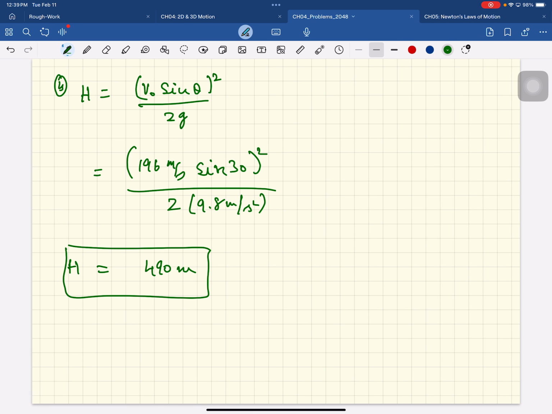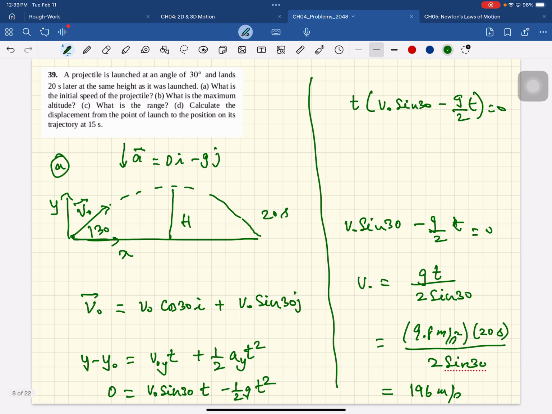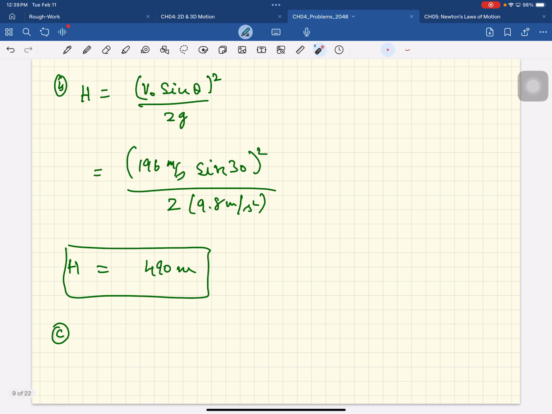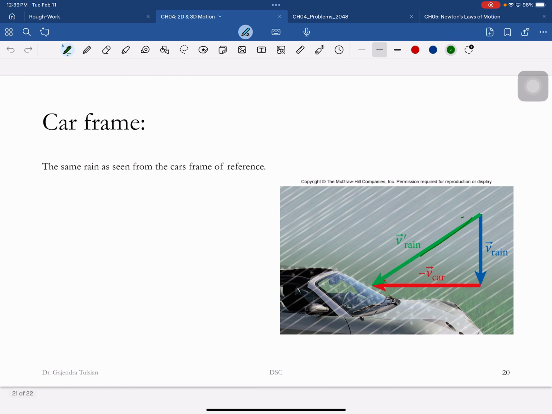What is its range? Range is the horizontal distance it travels when it comes back to the same vertical position. And you can look at the range formula. Okay, let me confirm that range formula.